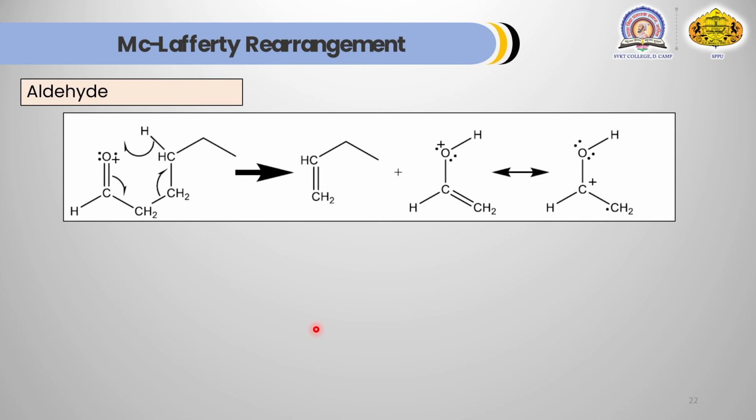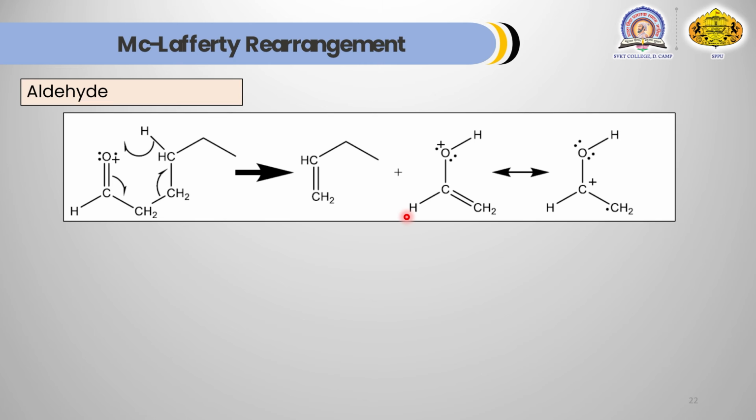Now in this example, an aldehyde molecule is there, and I have shown how McLafferty rearrangement takes place in this case. The gamma hydrogen atom is abstracted by this oxygen. Oxygen carries an electron pair. This is a cation radical, and movement of bonds takes place. This neutral fragment is obtained.